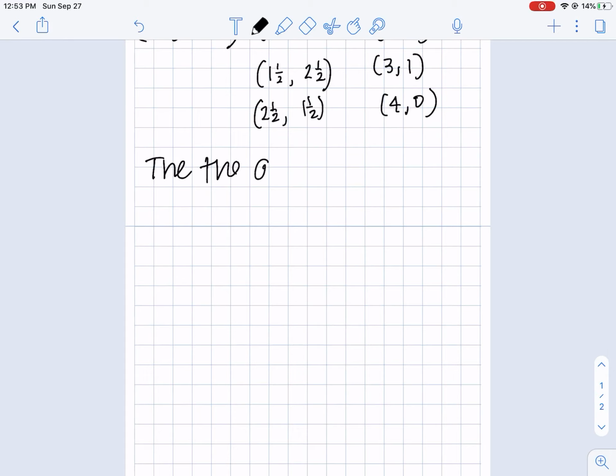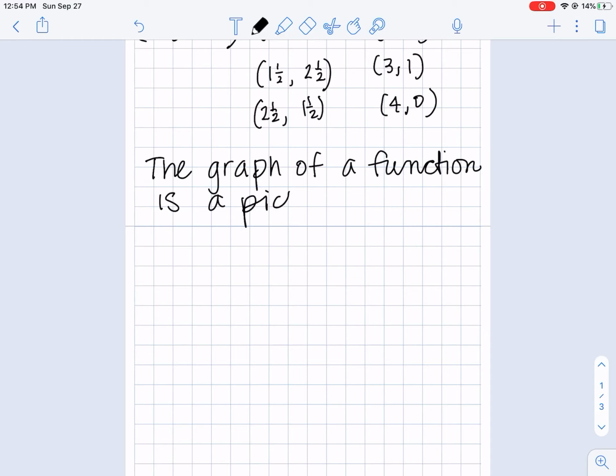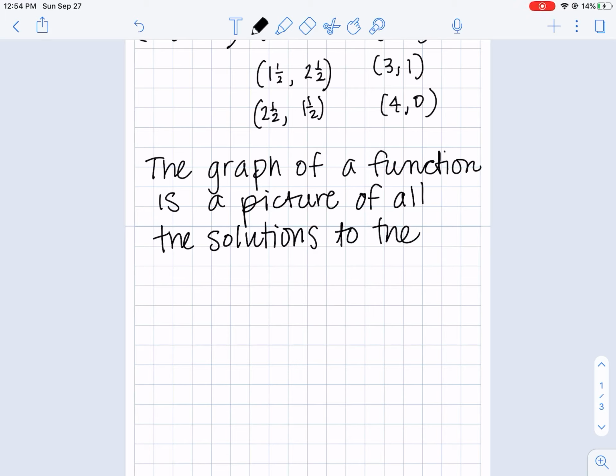The graph of a function is a picture of all the solutions to the equation.